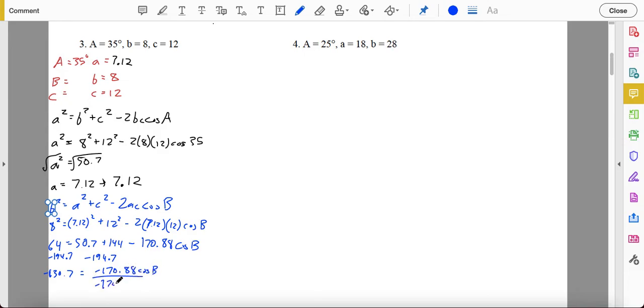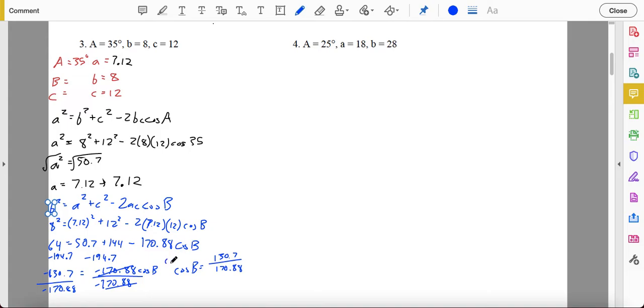Divide by negative 170.88, and that will equal cosine B. So cosine B equals 130.7 over 170.88.